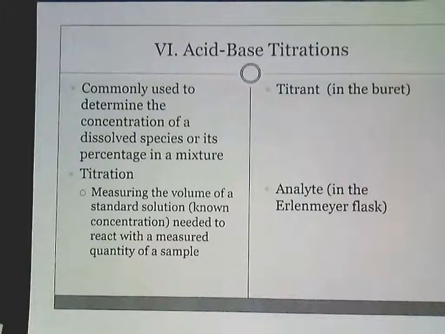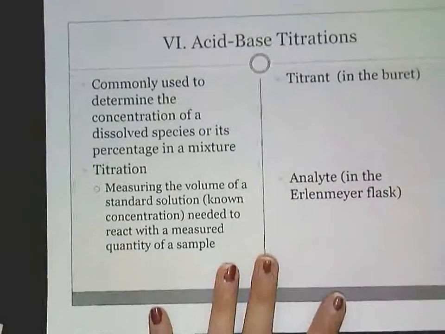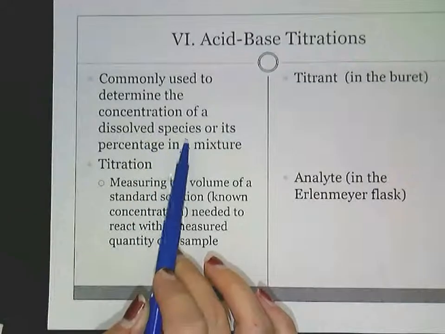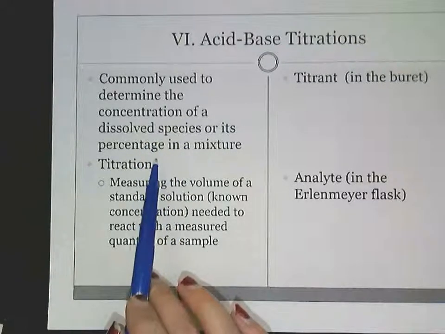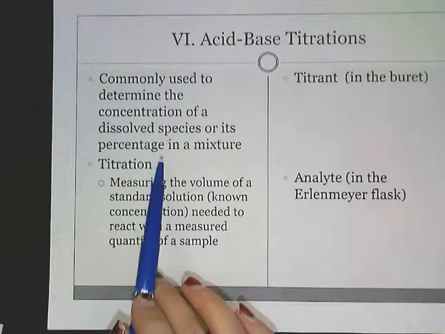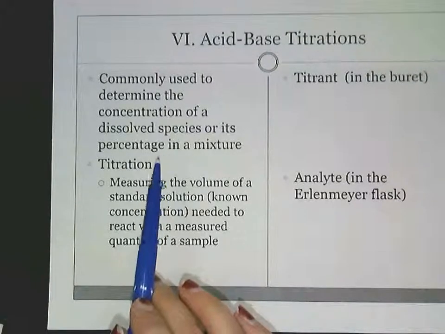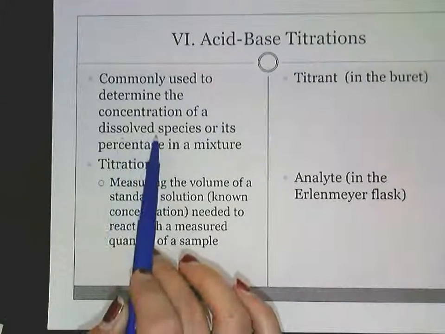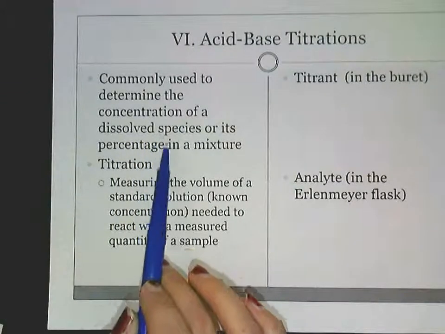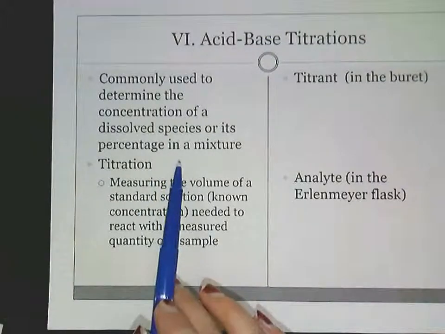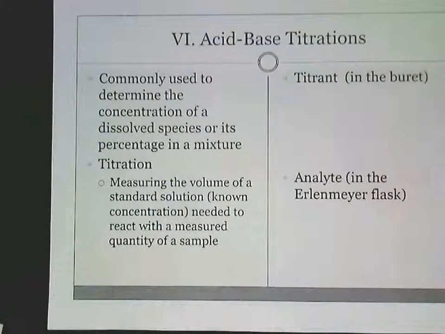All right, so acid-base titrations like you did last week are a way to determine the concentration of either a dissolved species or a percentage in a mixture. So in part A of the lab last week, you knew KHP's concentration, and so you could figure out the molarity of sodium hydroxide. And then in part B, you knew the molarity of sodium hydroxide, so you could figure out the percentage of acetic acid in solution. So you can use titrations in both ways.